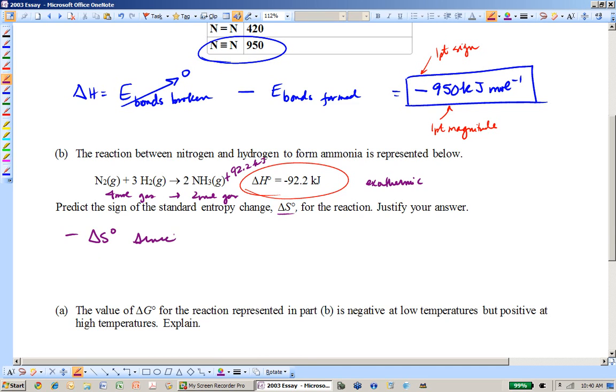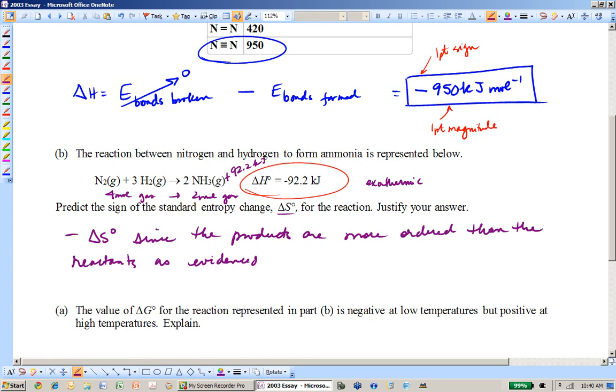Since the products are more ordered than the reactants, as evidenced by 4 moles of gas reactants producing, or forming, you can pick your verb, 2 moles of gas products.